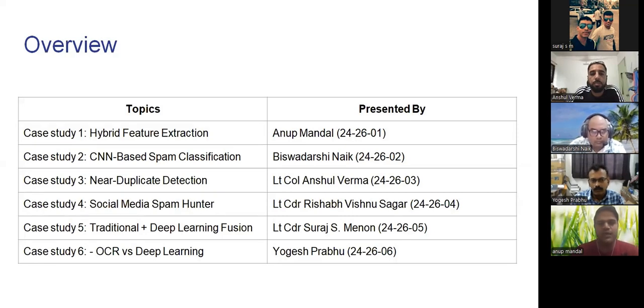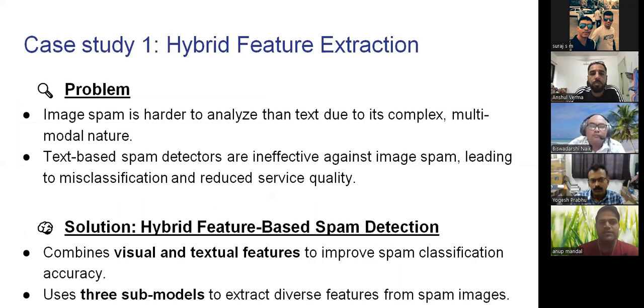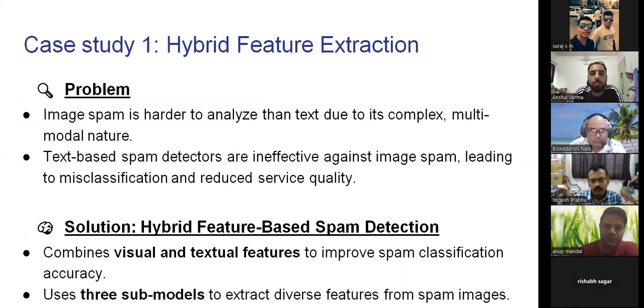Myself, Anup Mandal, I'll be showing the case study number 1, hybrid feature extraction. This case study is based on the research paper titled Hybrid Feature by Combining Visual and Text Information to Improve Spam Filtering Performances. The problem tackled in this paper is that image spam is significantly more difficult to analyze than text spam due to its multimodal nature.